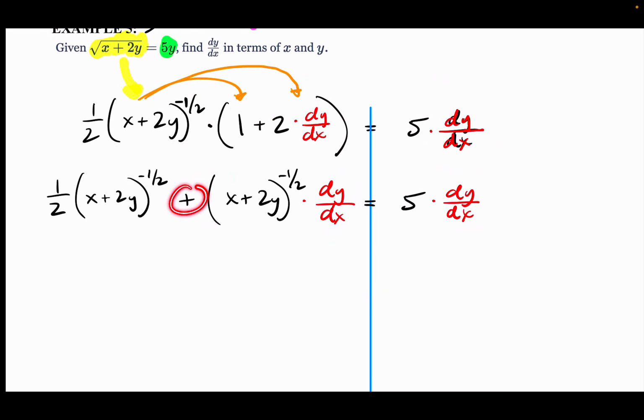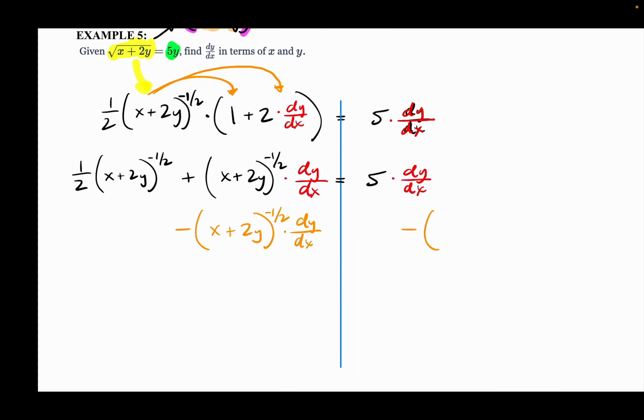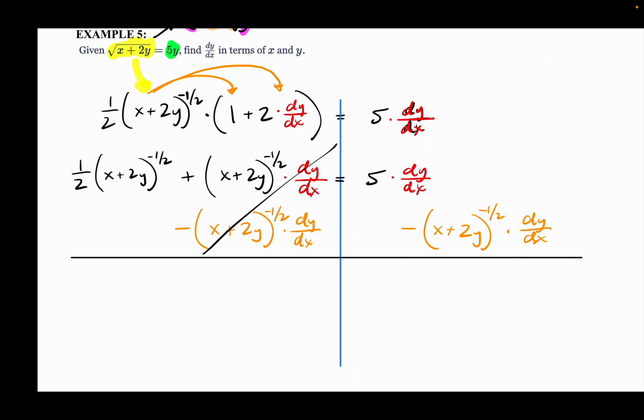Subtract because it's positive. These guys go away.